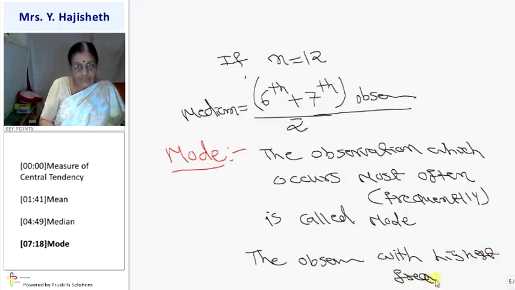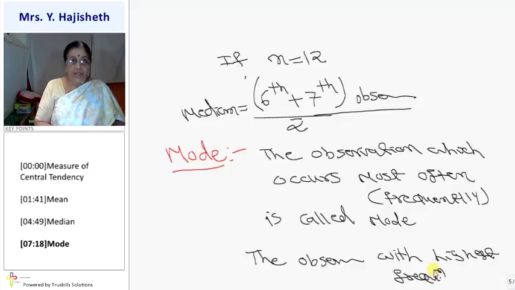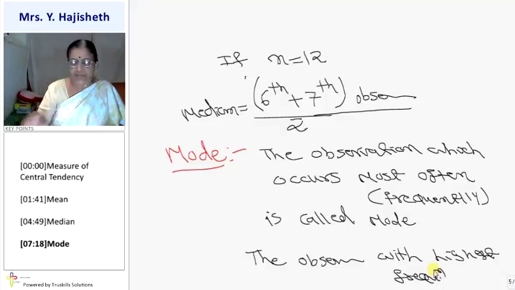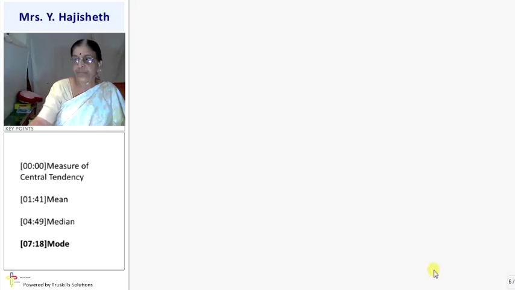That way also you can define it. Suppose x5, the fifth observation, has the highest frequency. So the fifth observation is the mode. Now you can get the detailed idea by solving the sums. Now we are doing sums from 14.4 based on mean, median and mode.